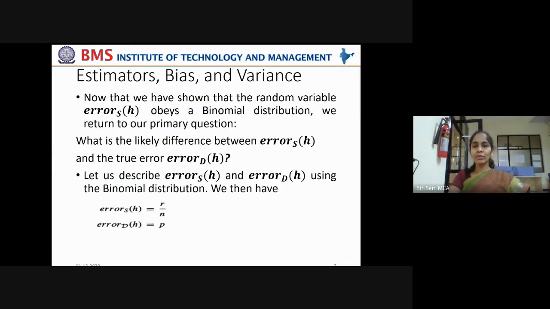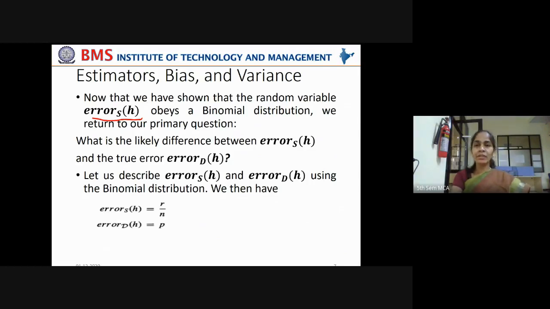Now that we have shown that the random variable, that is the sample error, obeys a binomial distribution. What is sample error? The error associated with the sample you have picked from the population. That is called the sample error, represented by error S of h.